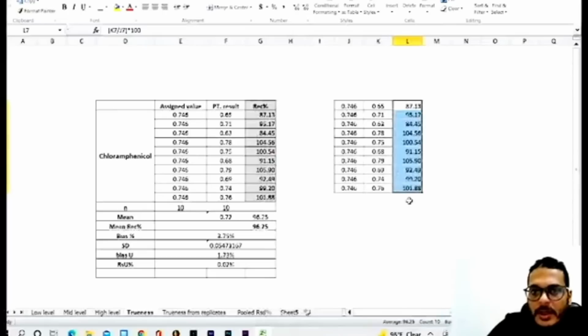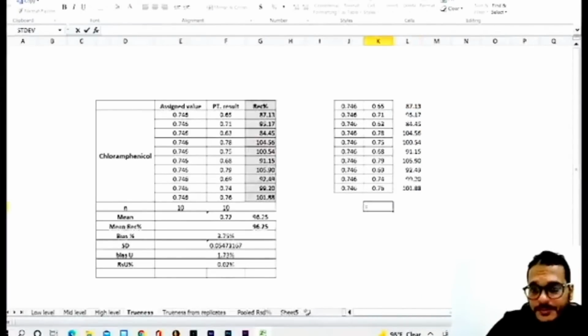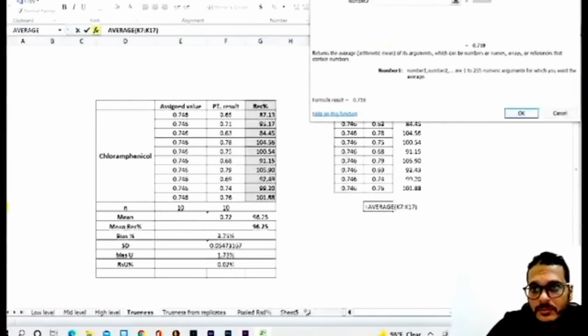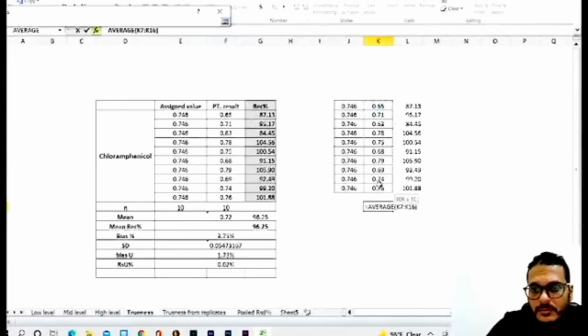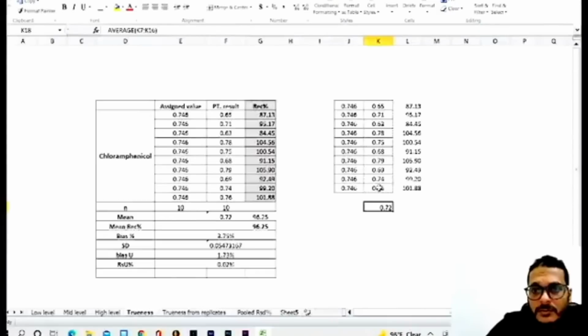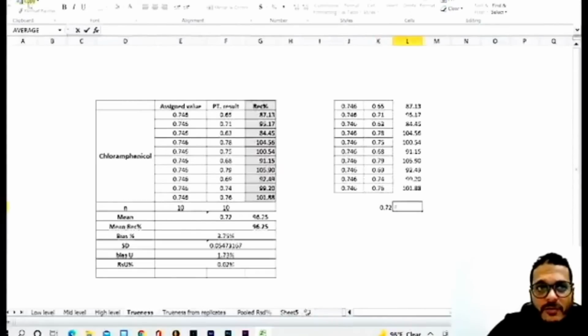Okay, then you can calculate the average between all results, 0.72, and here also the average for the recovery.